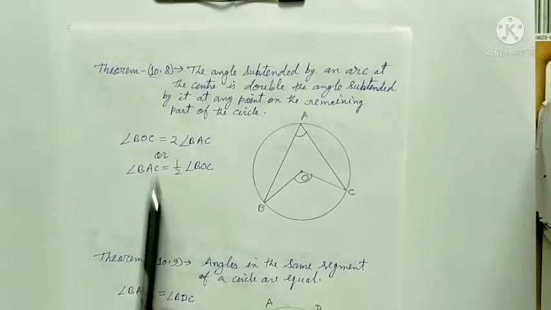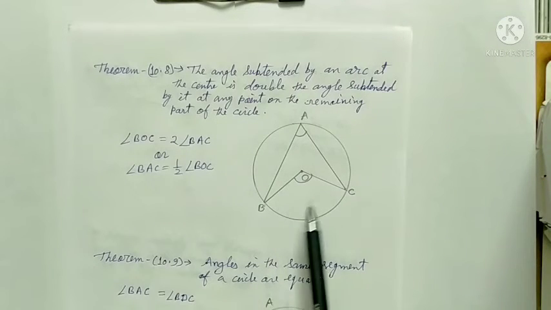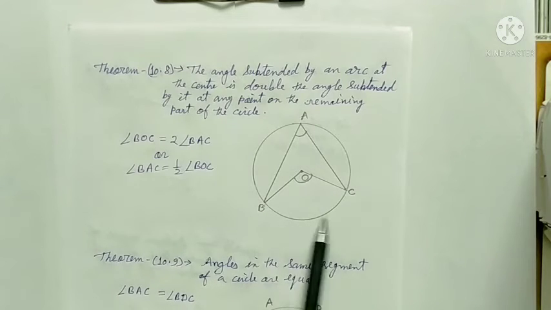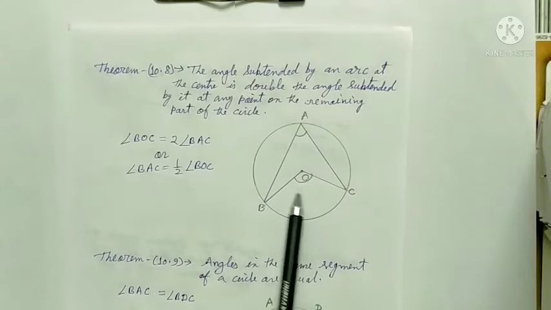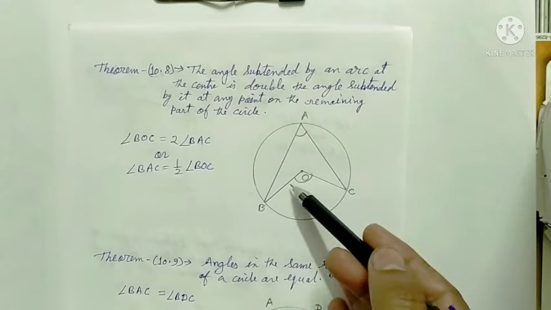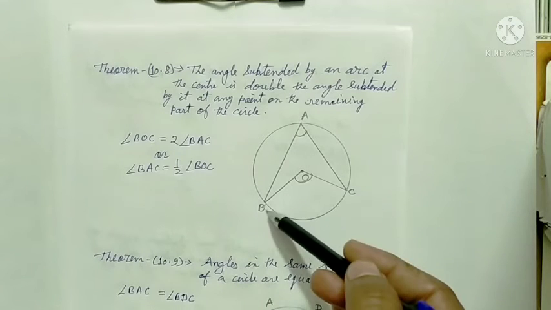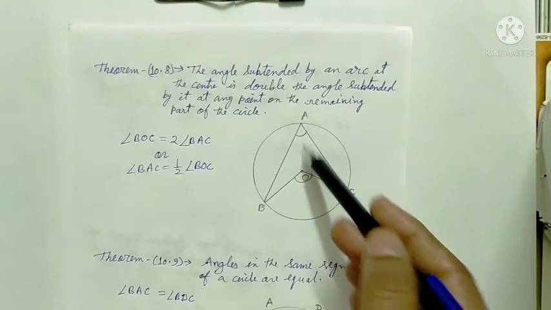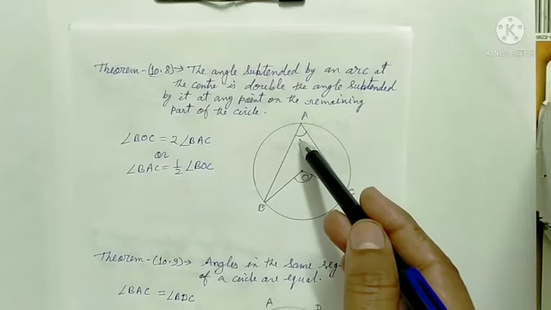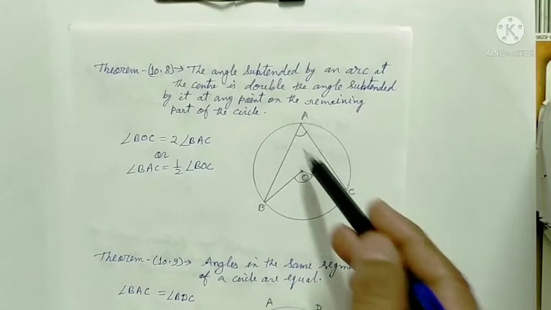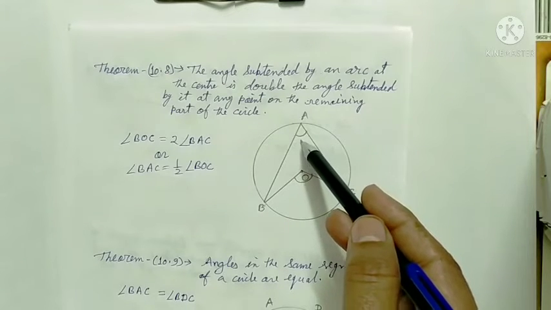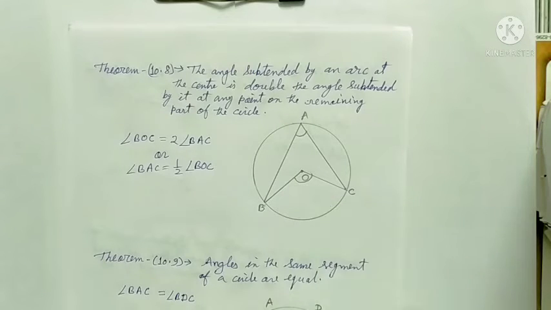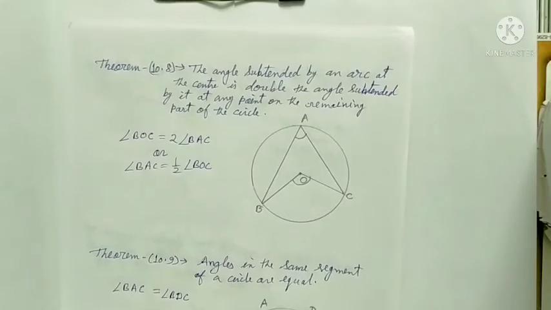You can say angle BOC is twice angle BAC, or angle BAC is half of the angle at the center. Suppose this is 120 degrees, then angle BAC on the circle will be 60 degrees, half of it. If angle BAC is 40 degrees, then what is the double of 40? 80. It means BOC will be 80 degrees. So this is the statement of this theorem.